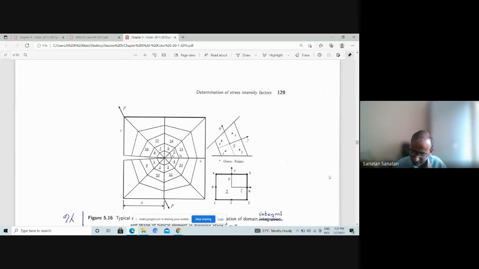No. See, the question is that when you have crack problems, you try to make use of elements which can really model the stress variation accurately, and they are available. At the crack tip, we know that there is stress singularity, and there are dozens of elements available to take care of the stress variation at the crack tip. Once you take the variations into the element formulation, it becomes accurate.